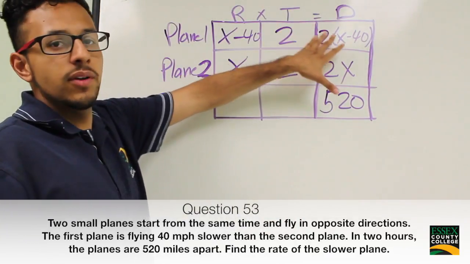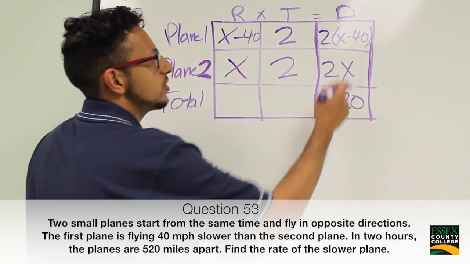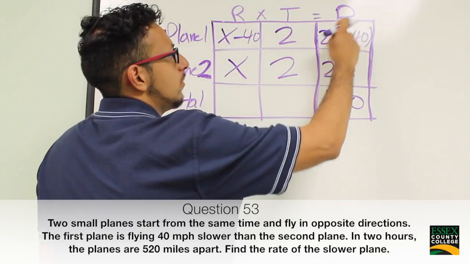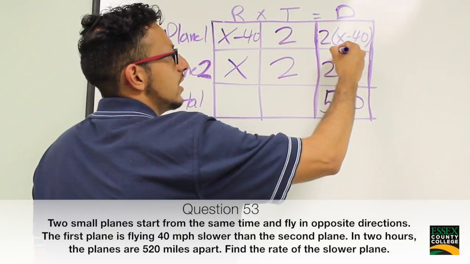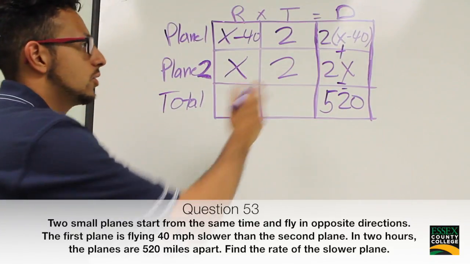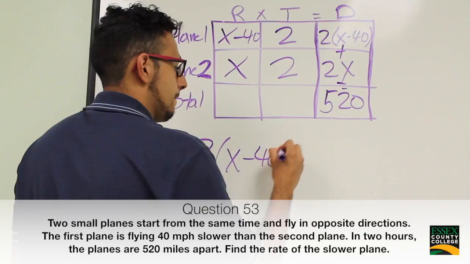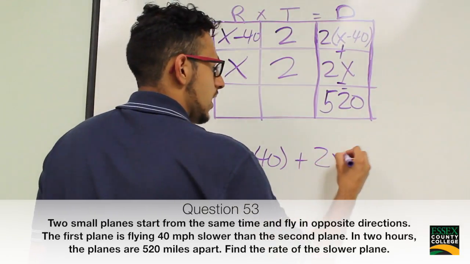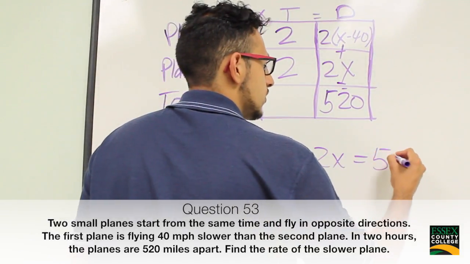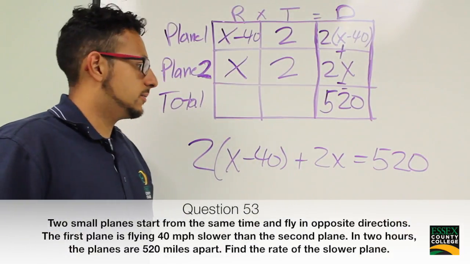Once we have everything filled in our chart, the way we set up the equation is plane 1 distance plus plane 2 distance equals the total. So it's 2 times x minus 40 plus 2x equals 520. And now we solve for x.